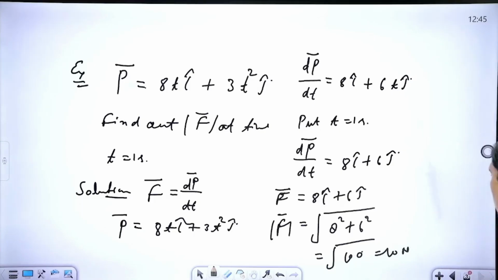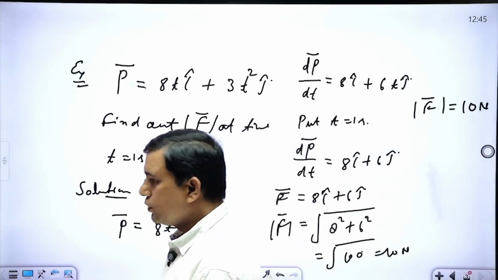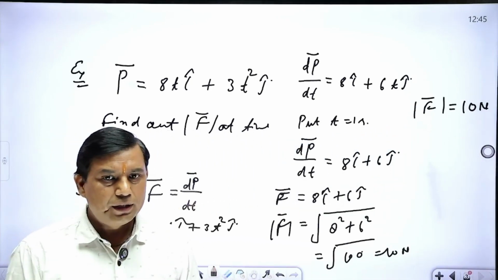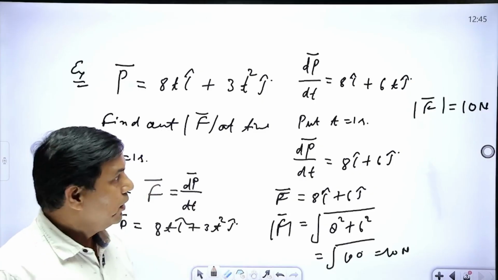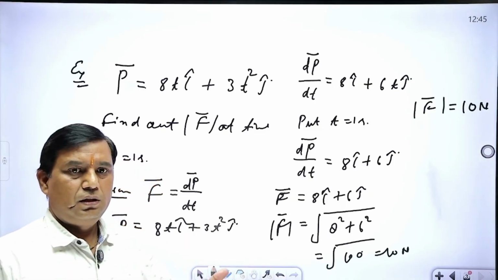The unit of force is Newton. The answer is the magnitude of F vector equals 10 Newton. Okay, this is an example based on dp upon dt, or on only a simple statement.